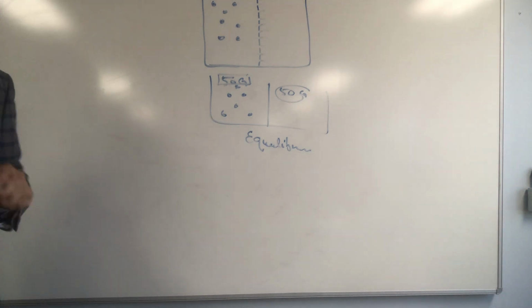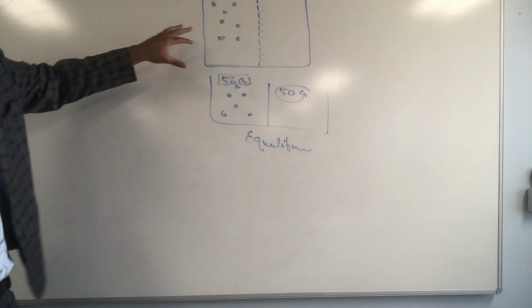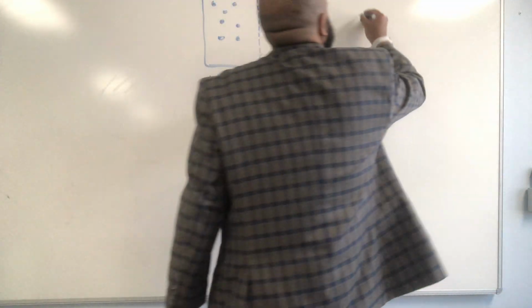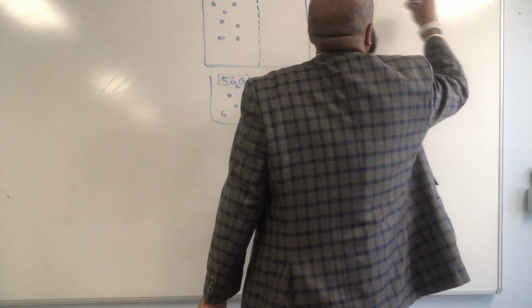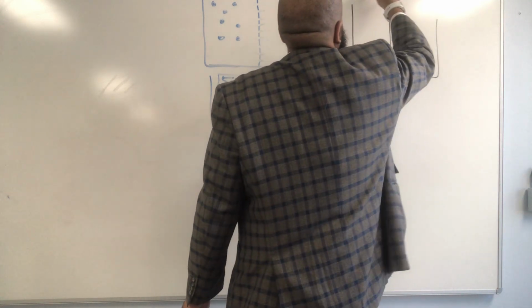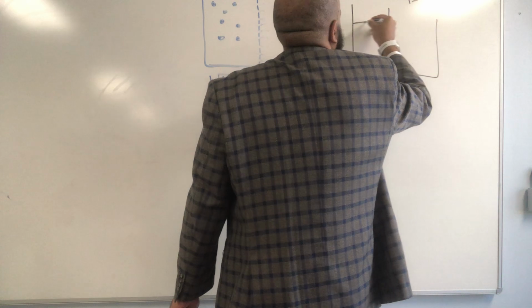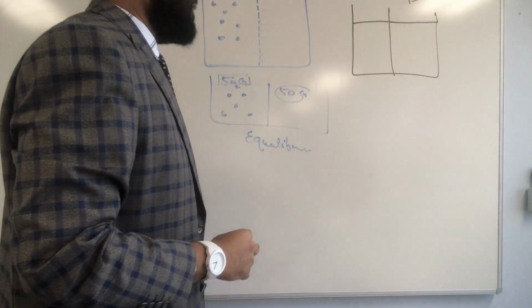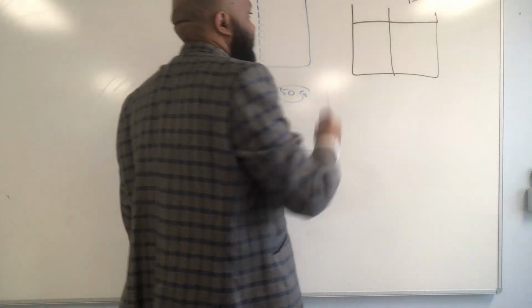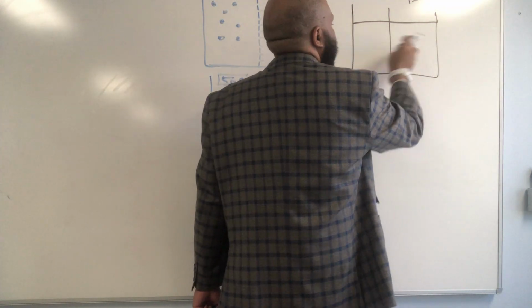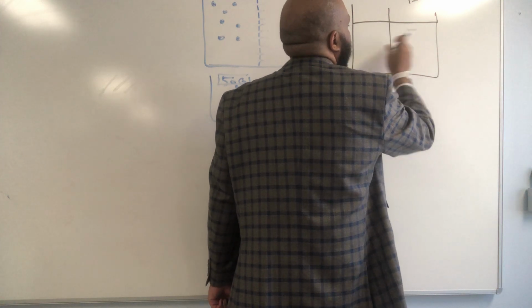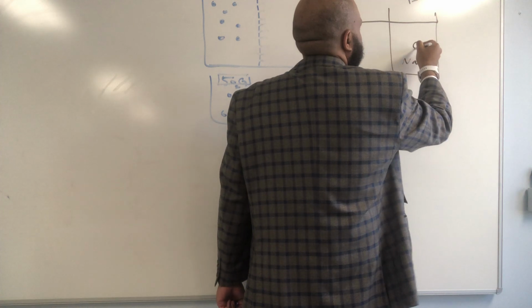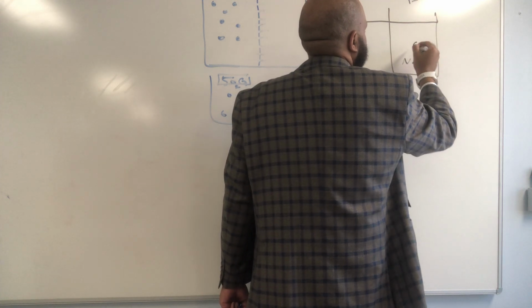With water, same thing. I have sides A and B again, and I fill both of them equally with water. This used to be deionized water, there are no ions here. But now I add sodium and chloride to one side.